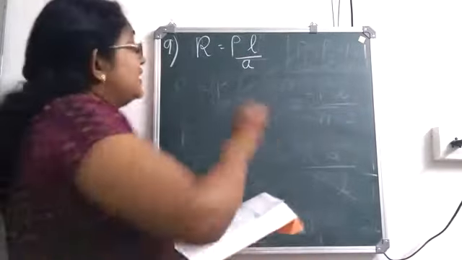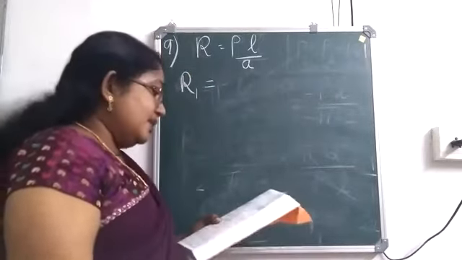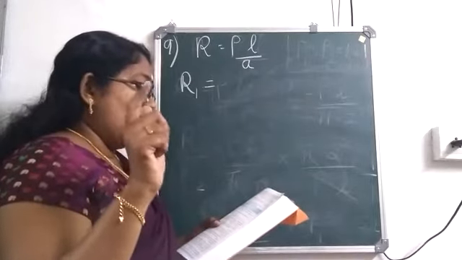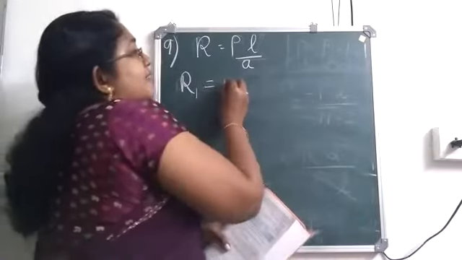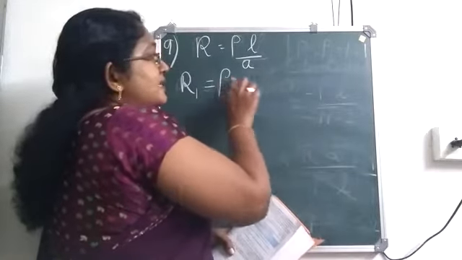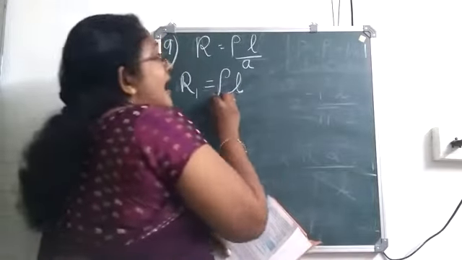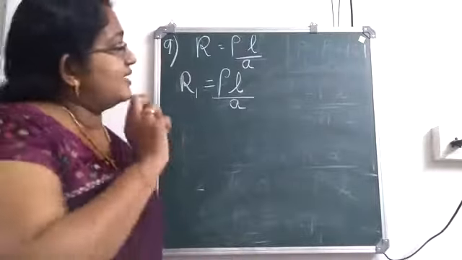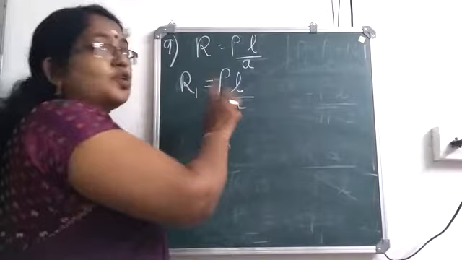Now, in the first case, let me take the resistance as R1. In the first case, let resistivity be rho and the length of the wire be L and the area be A. Okay. In the first case, we are keeping the standard equation R1 is equal to rho into L by A.